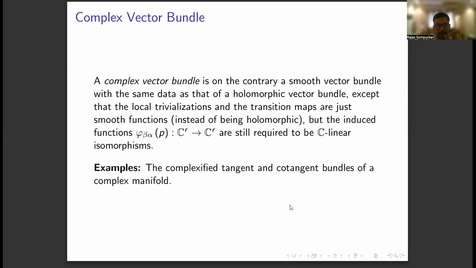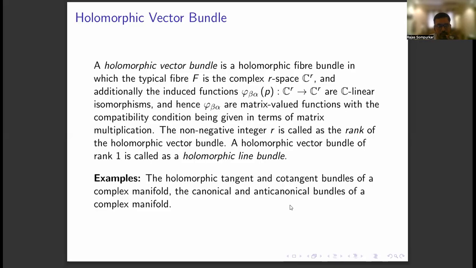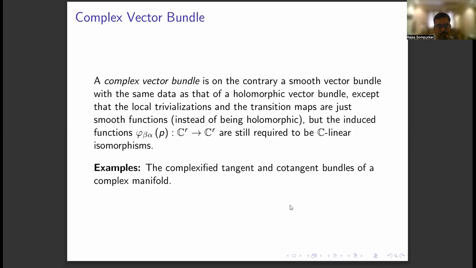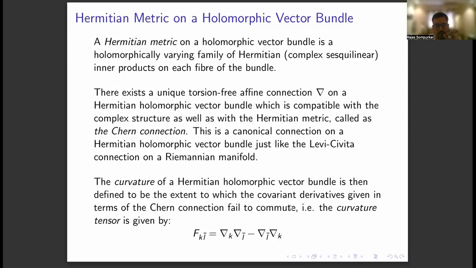Okay, so now that we know about these holomorphic vector bundles and holomorphic line bundles, we will now see the notion of a Hermitian metric on a holomorphic vector bundle. In the last class, we had seen the notion of a Hermitian metric on a complex manifold.